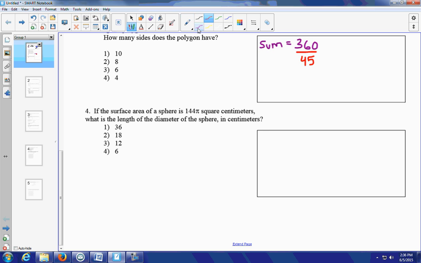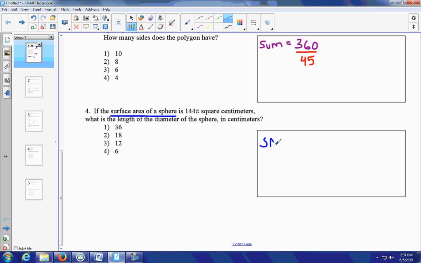And then number 4, if the surface area of a sphere, so we need the surface area of a sphere formula. Depending on when you are working on this homework, you might have it in the yellow packet, but if you're doing this Saturday, Sunday, Monday, then it's in your notes, but I'll be nice and I'll give it to you.